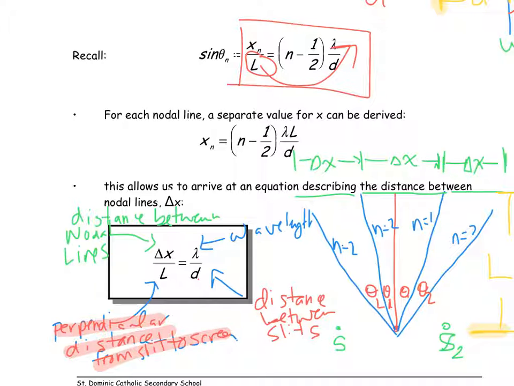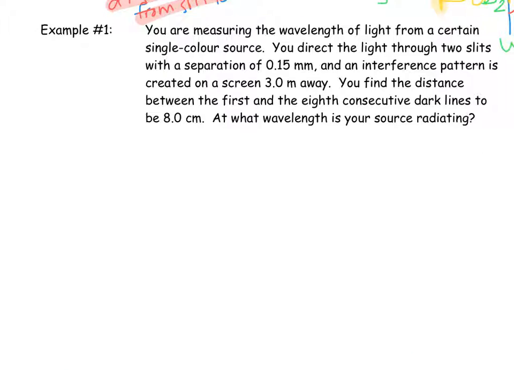So maybe take a minute to have the equations that we are going to need for these examples ready and put aside so that you have easy access to them. So let's take a look at this example together. It says, you're measuring the wavelength of light from a certain light source.